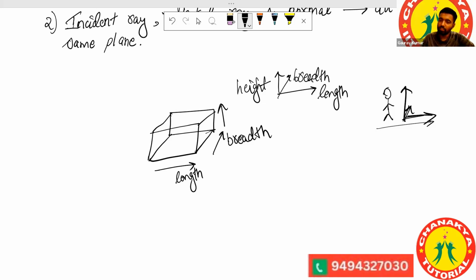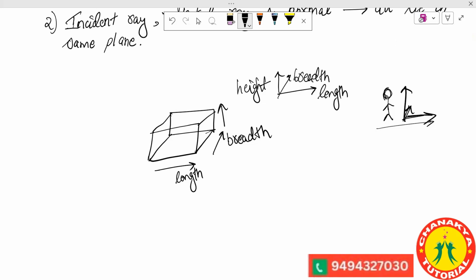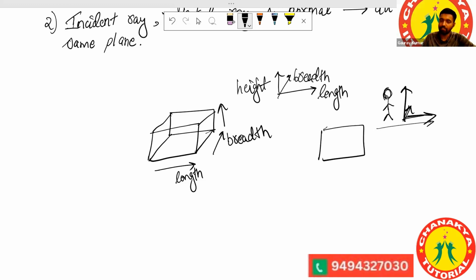Have you seen 2D movies and 3D movies? Yes, sir. What is the difference between those movies? In 3D we feel it like it's live, and in 2D it's normal. So 2D means it is happening on a single screen, only on this screen.